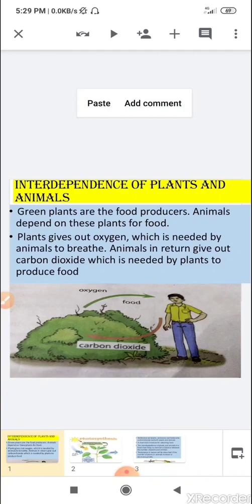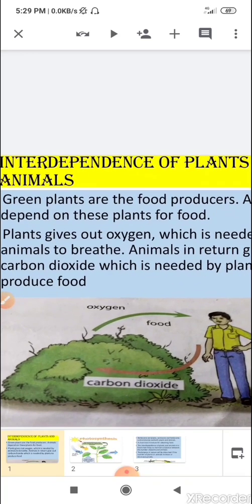So animals depend on plants for food. Plants give out oxygen. Now you know that when you breathe you take in oxygen as a gas. So oxygen is very important for us to be alive.